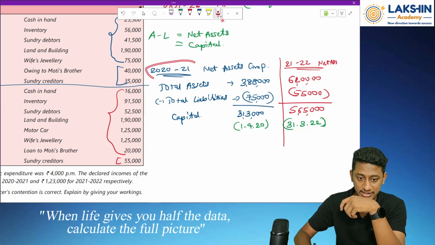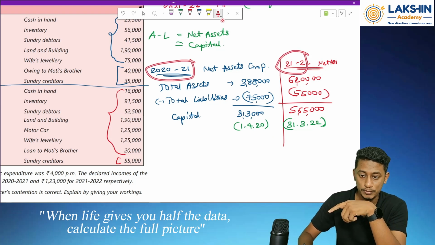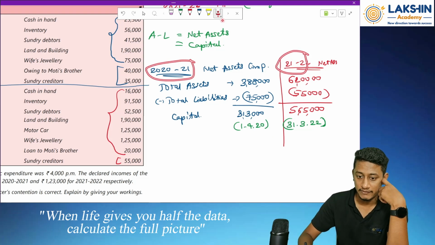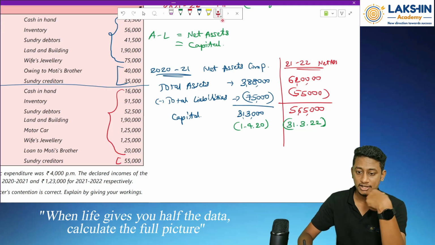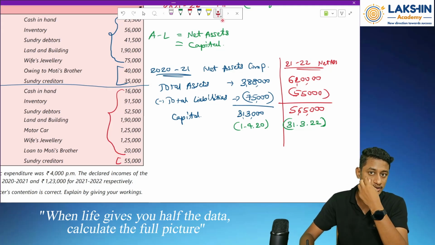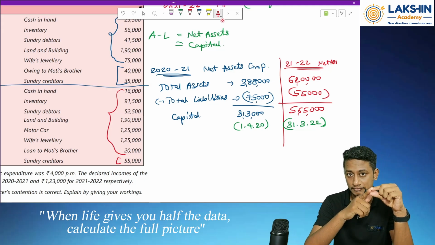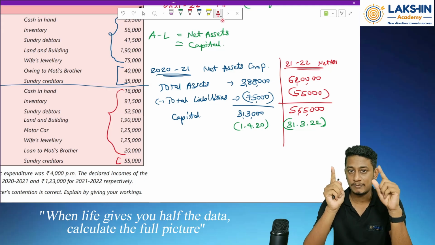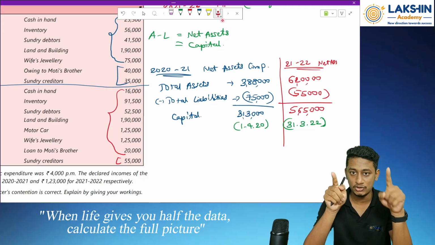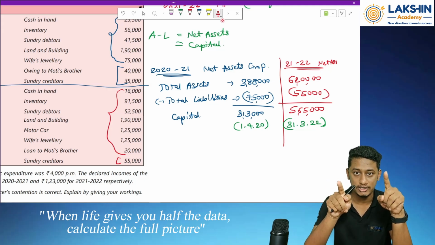See, basically this year's closing will be this year's opening capital, right? That is not given to us anywhere. But we need to find it out. How to find it out? Let's see. For me the drawings value is given, and the profits amounts are given, right? So what I can do is, if I deduct the opening from the closing and add back the drawings, what will I get?